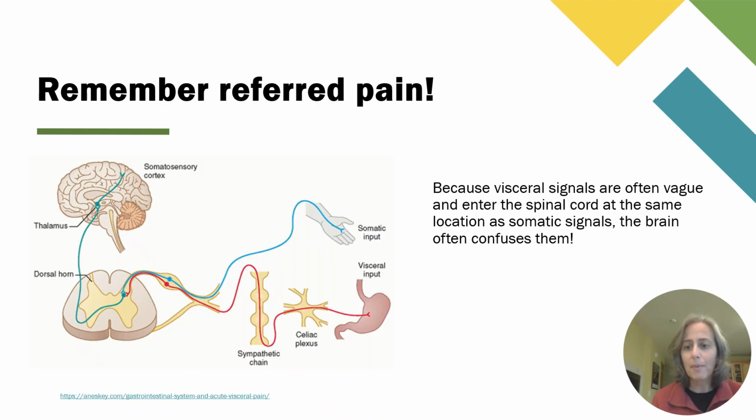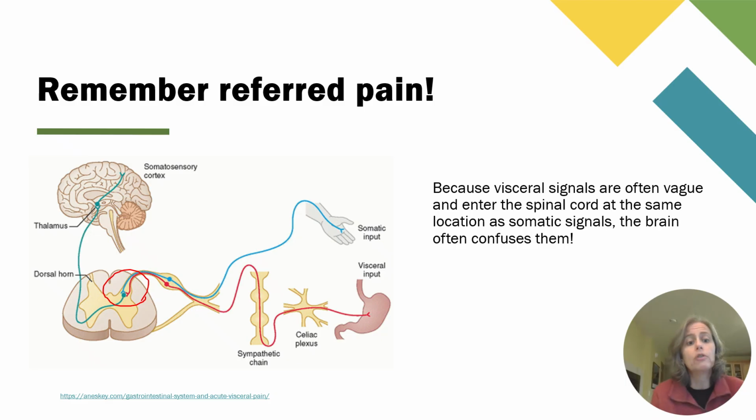You might also remember referred pain. These sensory nerve fibers from our viscera, these visceral afferents, come into the spinal cord very close to the same places as the somatic sensory. And so sometimes our brain can't tell the difference. And in fact, as you see here, sometimes they'll even synapse with the same second order neuron.